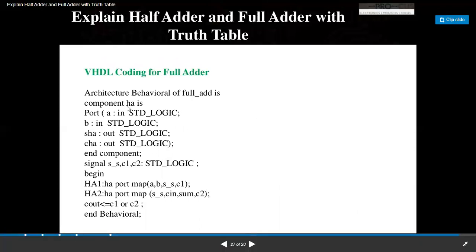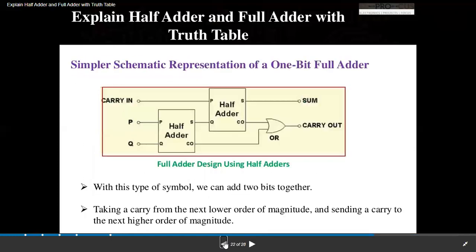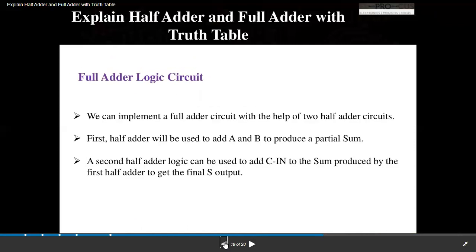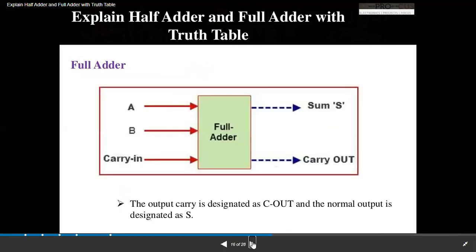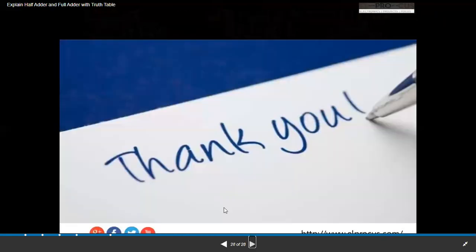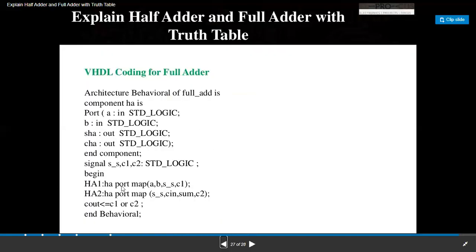The half adder we defined in the previous one, and here we are calling it in the full adder circuit, because the full adder circuit is made up of 2 half adder circuits. So component half adder is port A in STD logic, port B in STD logic, sum out STD logic, and carry out of this half adder, out STD logic.